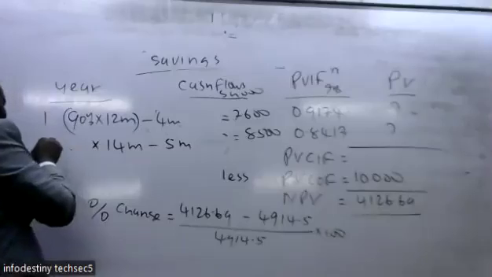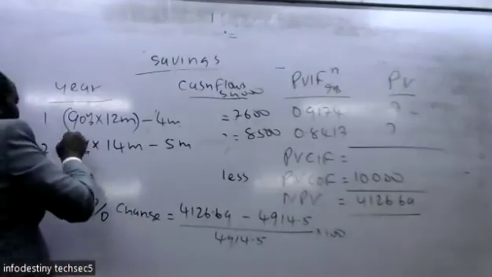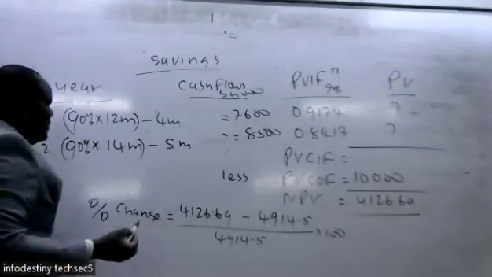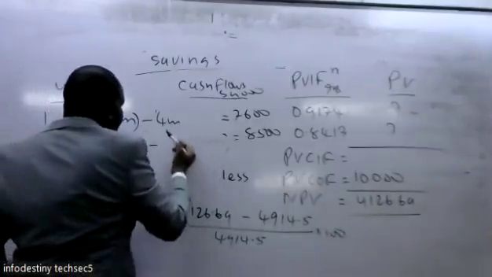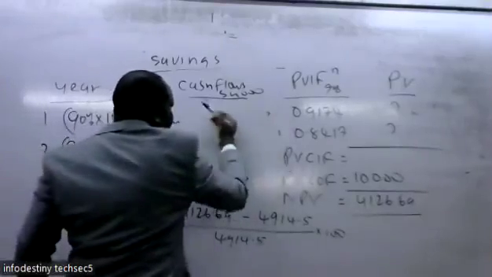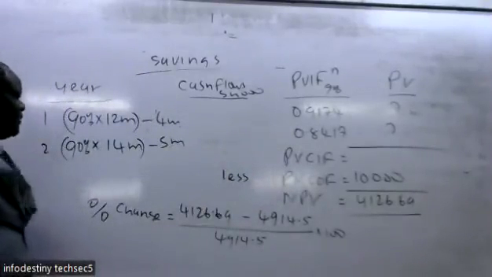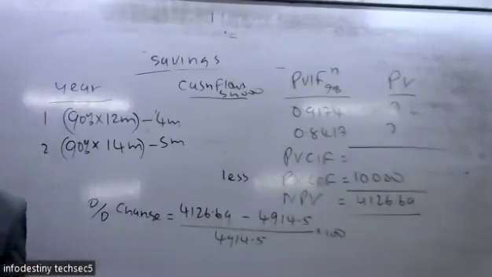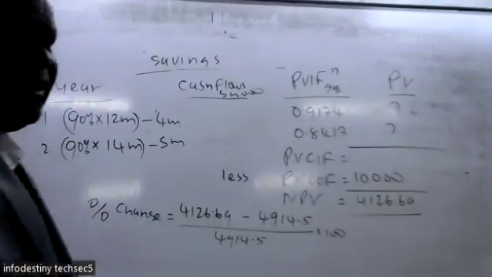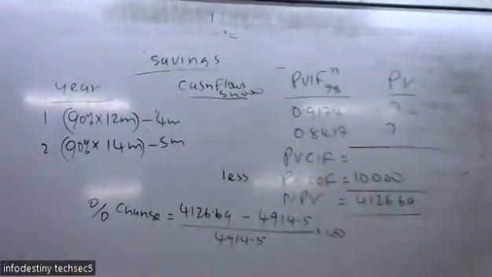And so this one, we shall be coming up with 90%, so that we get now the new cash flows. So for the savings to affect you adversely by 10%, we reduce it to 90%. Then we get the new annual cash flows.